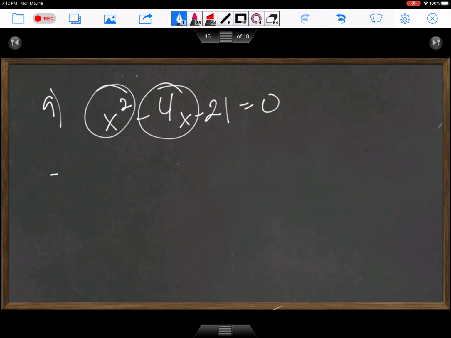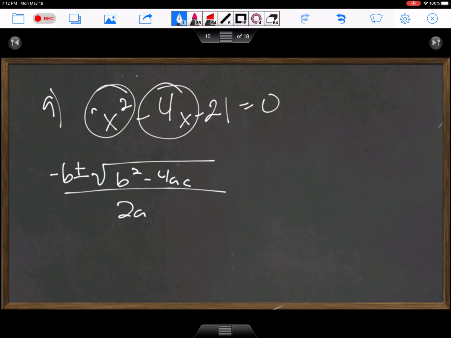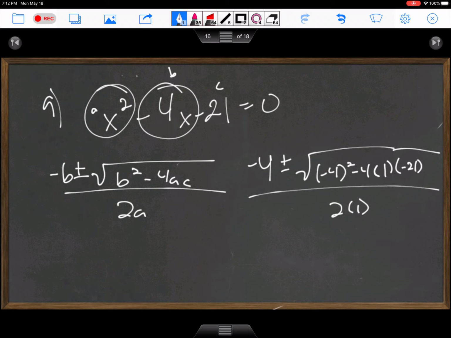The quadratic formula is negative b plus or minus the square root of b squared minus 4ac, over 2a, where a, b, c are the coefficients. I'd have to simplify this, and the reason for the plus minus is the two answers for the square root.